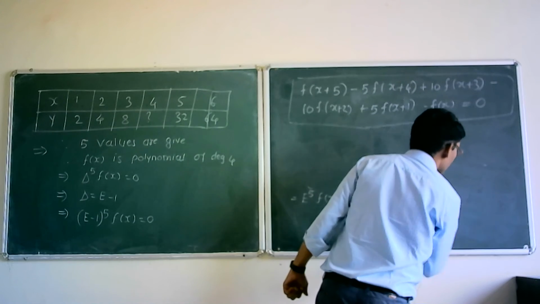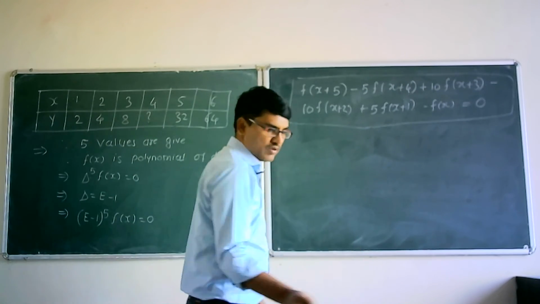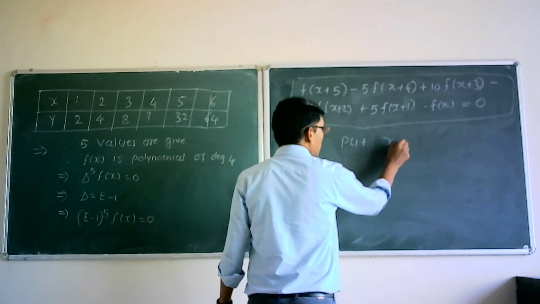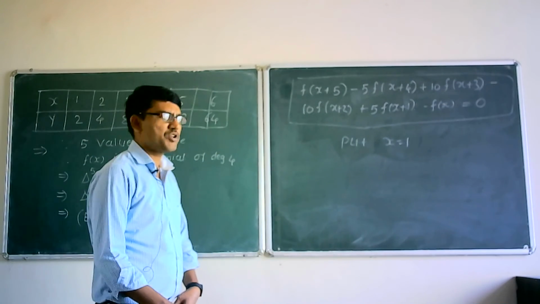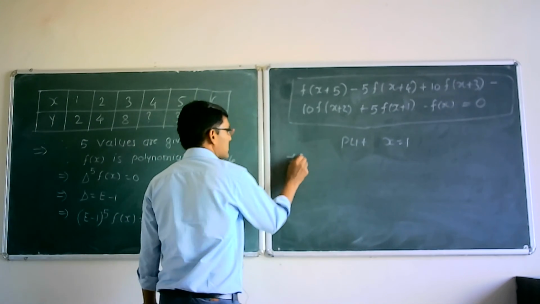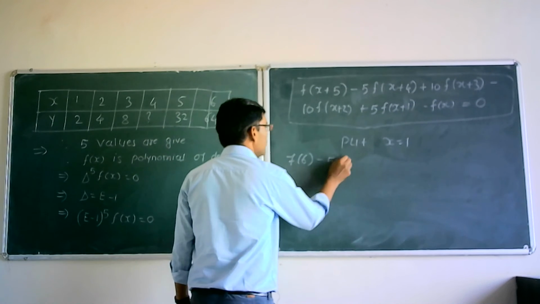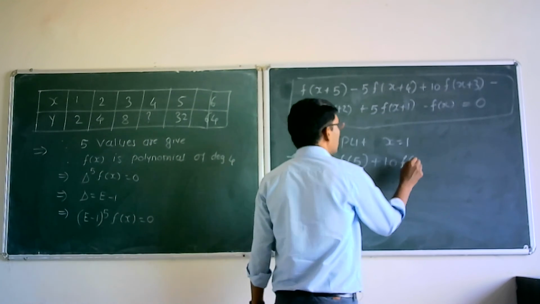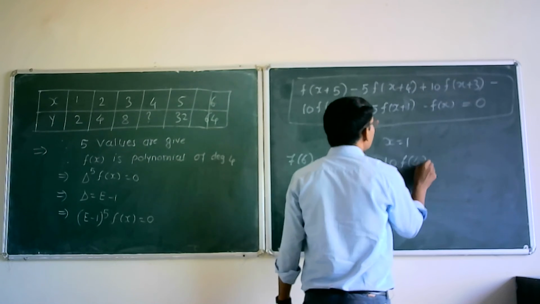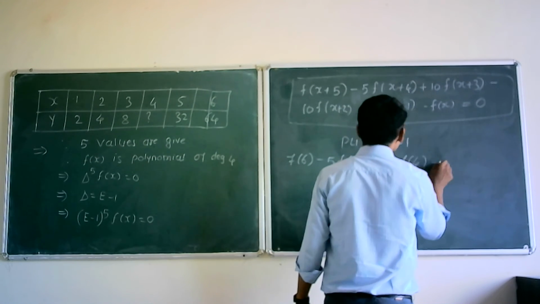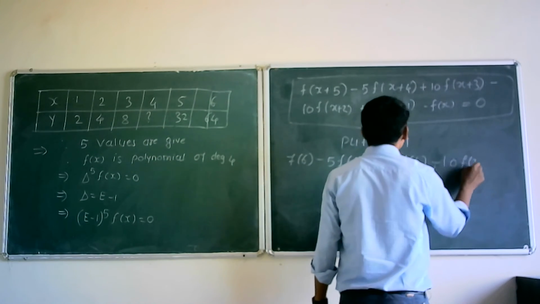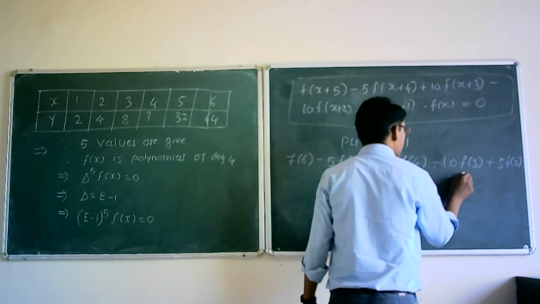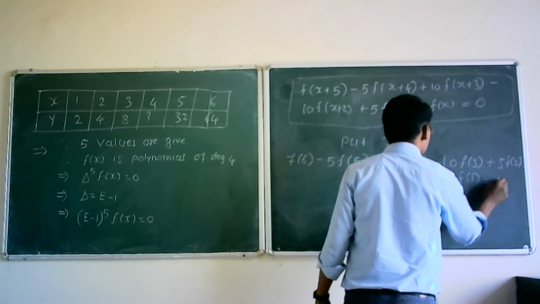If you put x is equal to 1, then you will get f of 6 minus 5 f of 5 plus 10 f of 4 minus 10 f of 3 plus 5 f of 2 minus f of 1 is equal to 0.